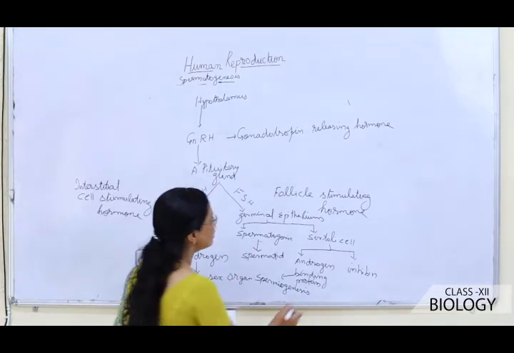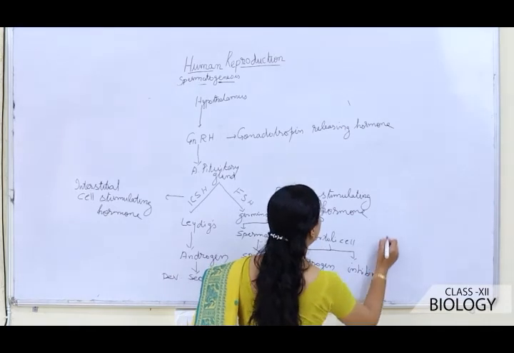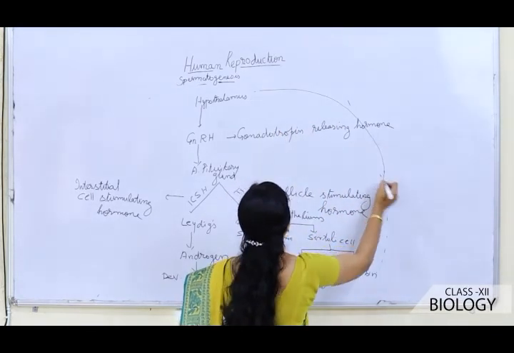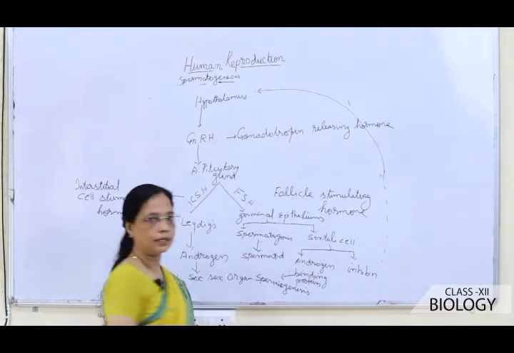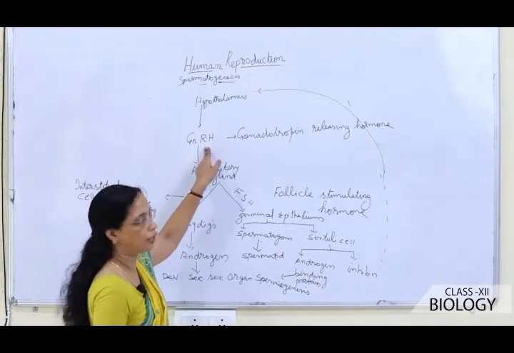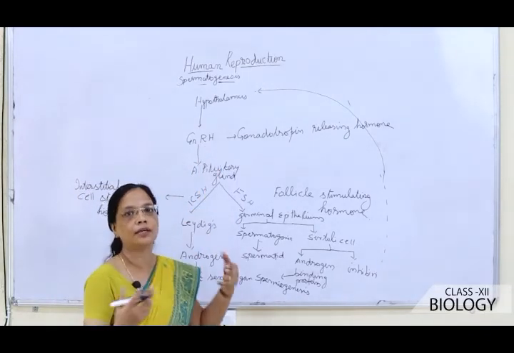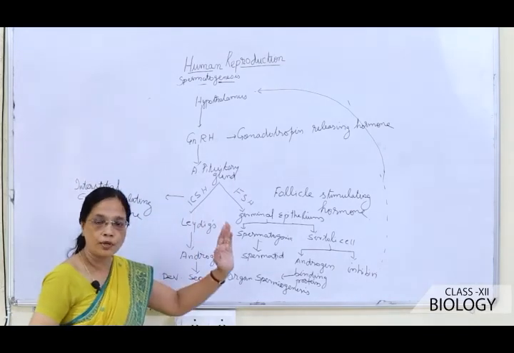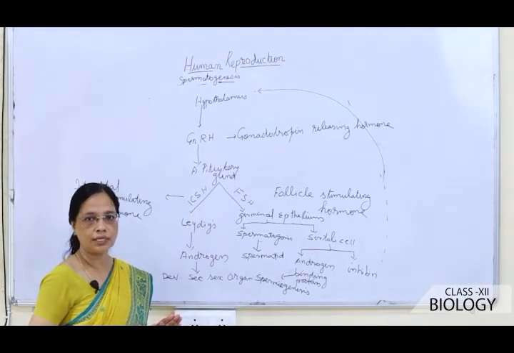Now, what is the function of inhibin? Inhibin acts as a feedback mechanism. That means it will inhibit the secretion of ICSH and gonadotropin releasing hormone if the secretion is more. So this is the way by which hormones control spermatogenesis.